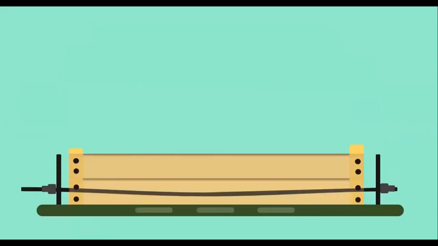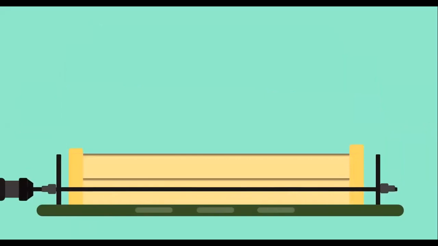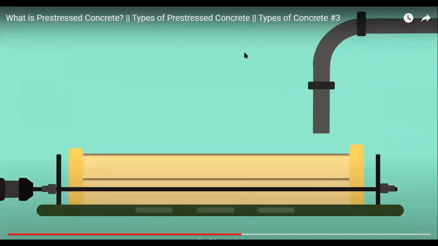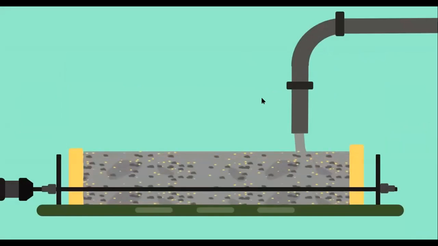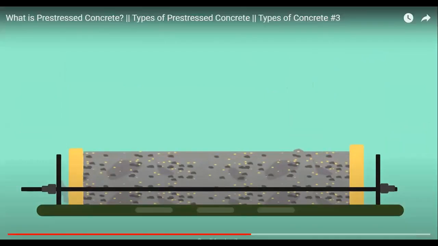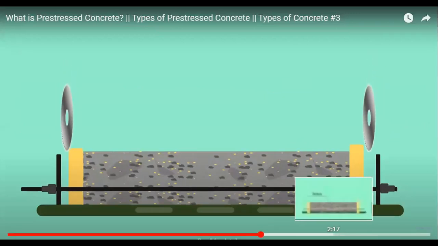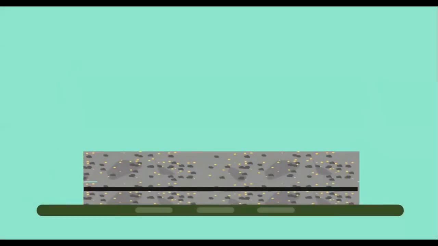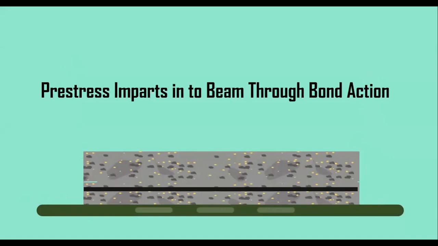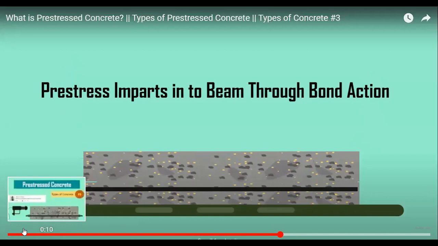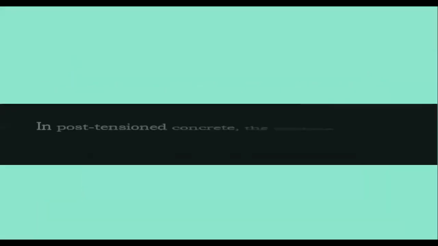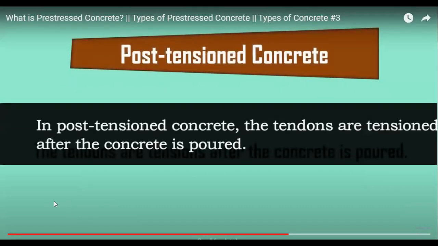Pre-tensioned concrete. Pre-tensioned concrete is those in which the tendons are tensioned before pouring of concrete. The tendons are initially tensioned and anchored at both ends, and then concrete is poured over it and cured. When the concrete attains desired strength, the tendons are released and projections are cut out. The pre-stress imparts into beam through bond action. Post-tensioned concrete.